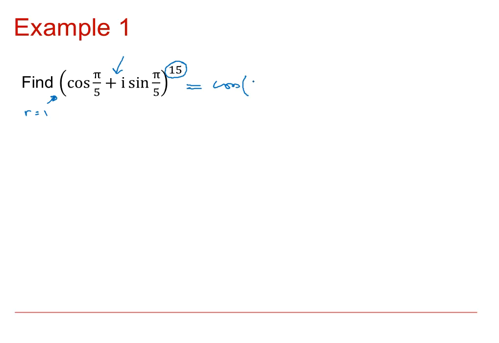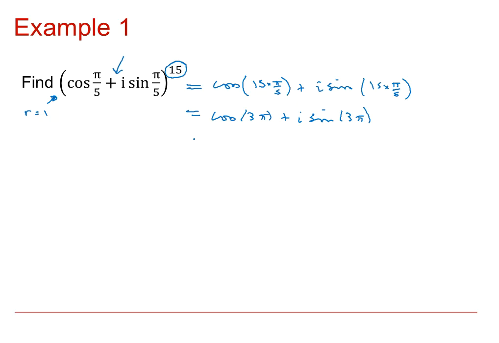So the argument will be 15 times what it was originally, plus i sine, and don't forget to do both arguments, so that's 15 times pi by 5, which is cos of 3 pi plus i sine of 3 pi.